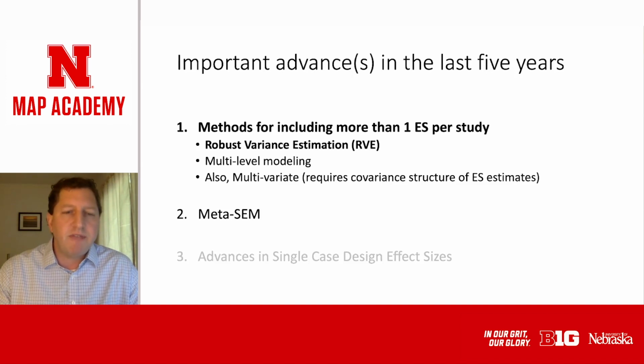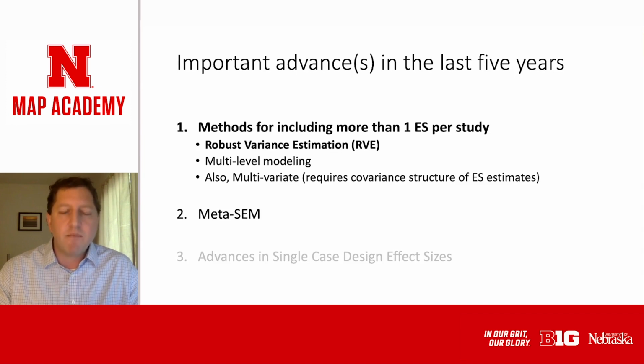There have also been some advances in single case design effect sizes. And I'm not sure how familiar you all are with single case design research. It often means that we have 3, 4, 5 participants in a study, and each of them is in a baseline condition, and then they have an intervention condition, and you're looking for an effect across the baseline and intervention. And so it's controlled very differently than an experiment, a randomized control trial, or even a quasi-experiment. But there are some advances where we can maybe get some effect sizes for individual students.